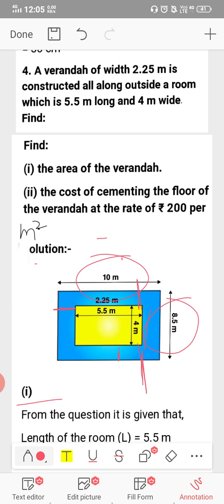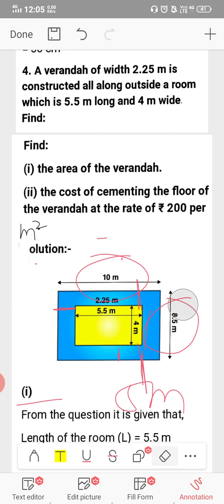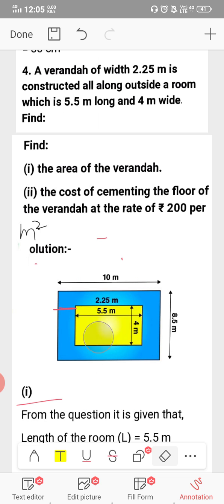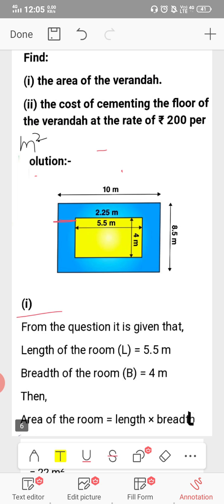It will give us 8.5 meters. So the new breadth of the area of room along with the veranda will be equal to 8.5 meters.